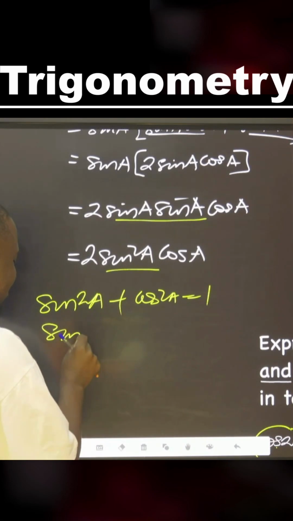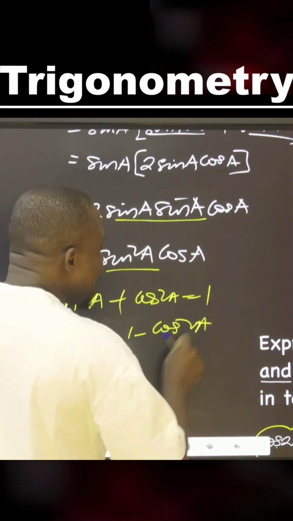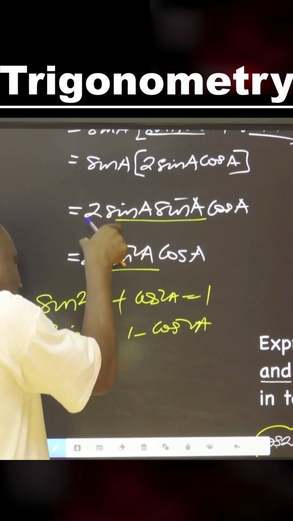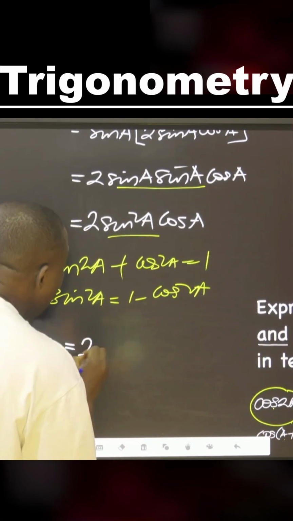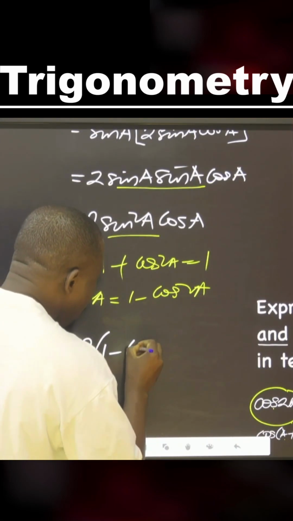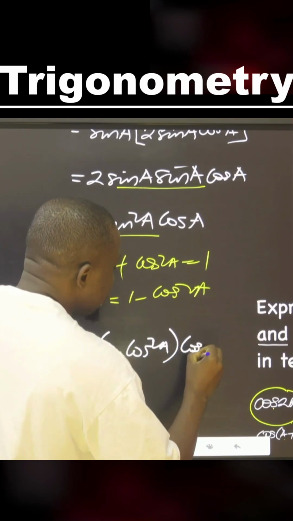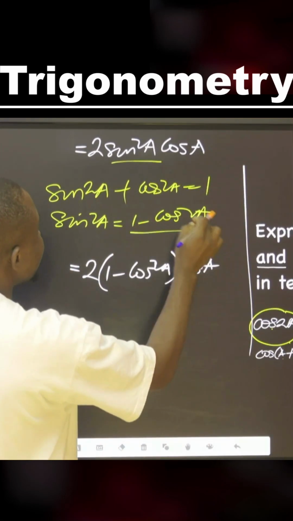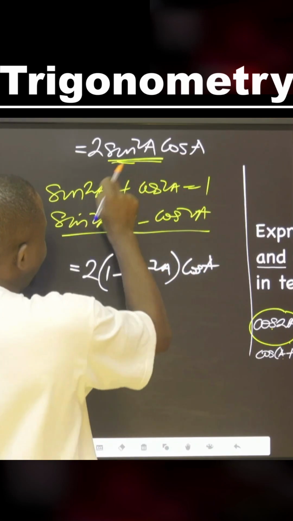Now sine squared A is equal to 1 minus cos squared A. Therefore, we need to plug this in place of this to say this is equal to 2 times 1 minus cos squared A times cos A. We are putting this in place of this because we derived this from this equation.